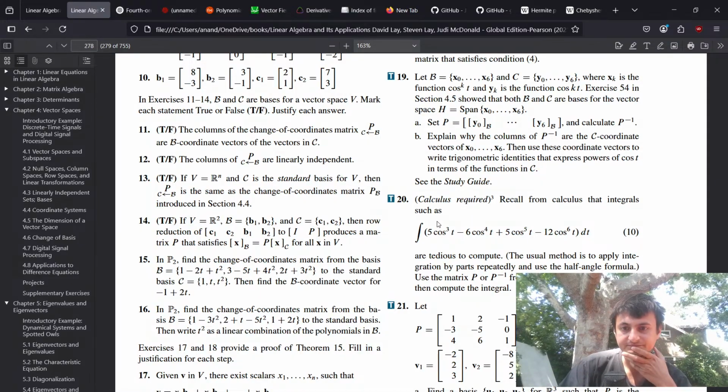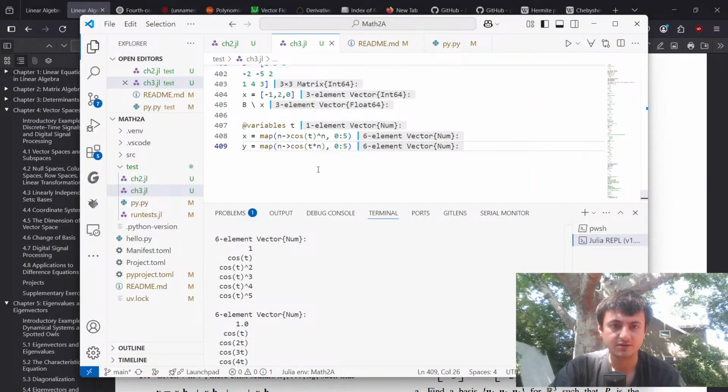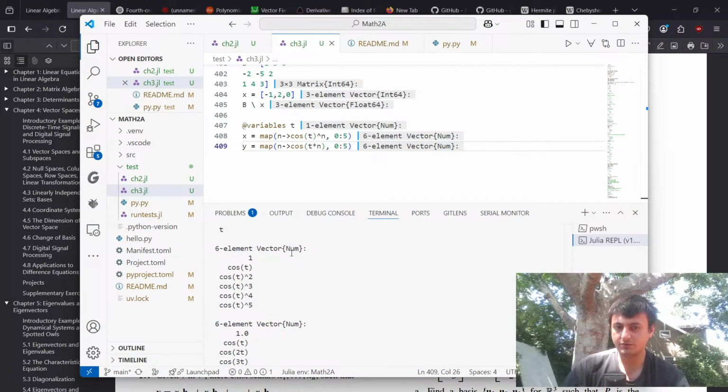So we can take this, which is going to be, let's see, we have one, so our basis is one, cos t, cos squared t, cos 3t. So we're going to have 0, 0, 5, right?